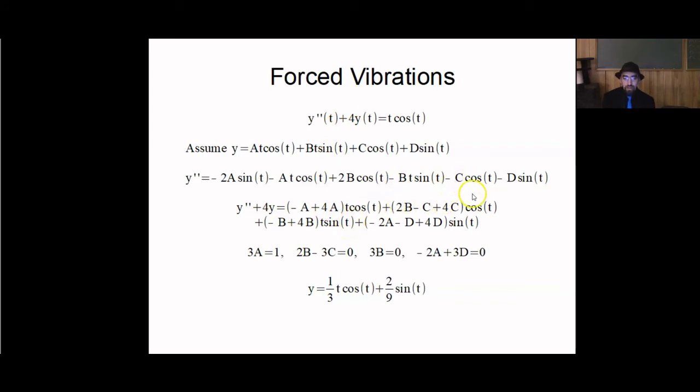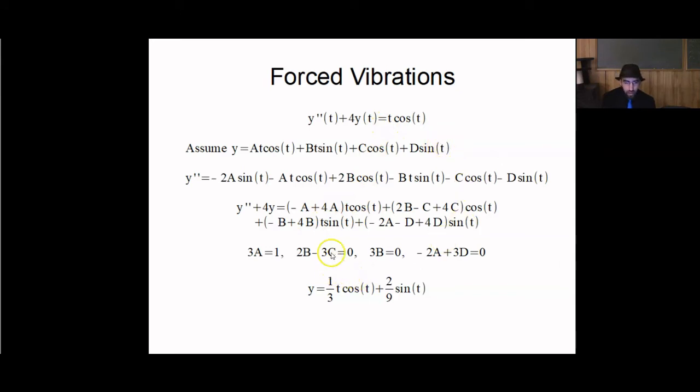For the isolated sine and cosines without the t out front, I have a 2b minus c plus 4c from here, multiplying y by 4. And for sine t, I have a minus 2a minus d plus 4d from here.